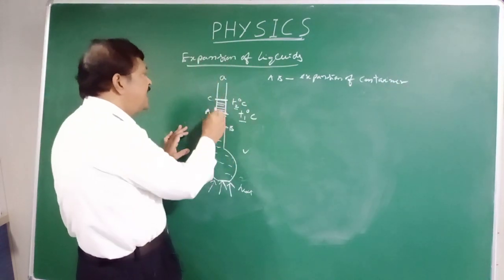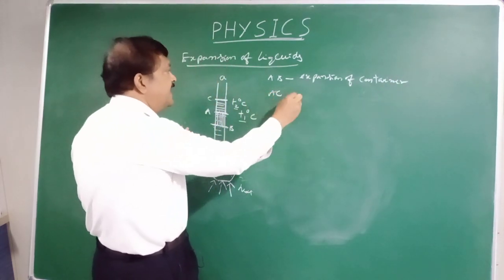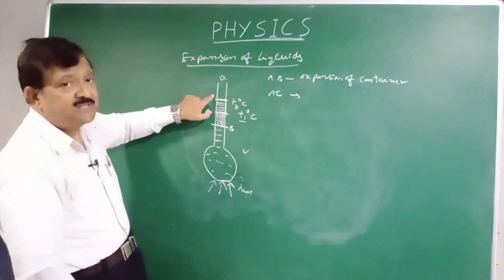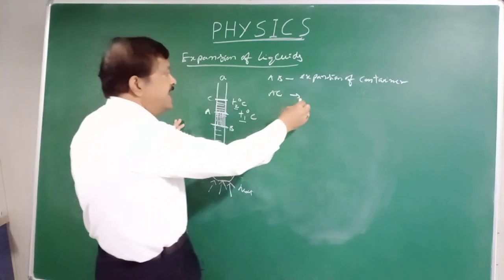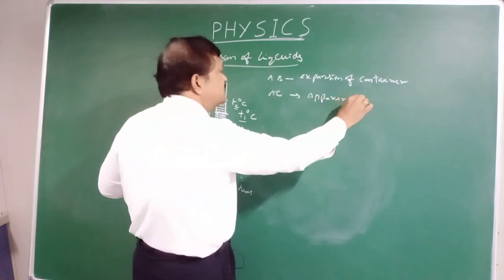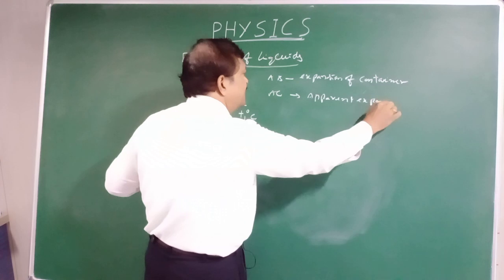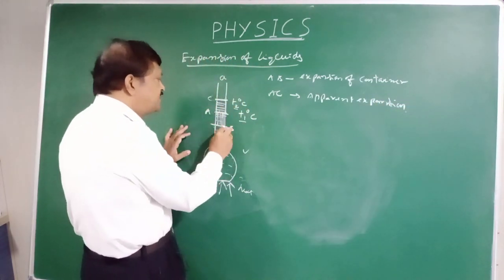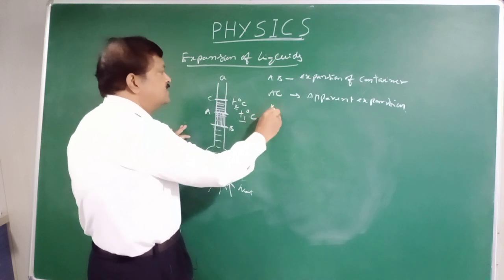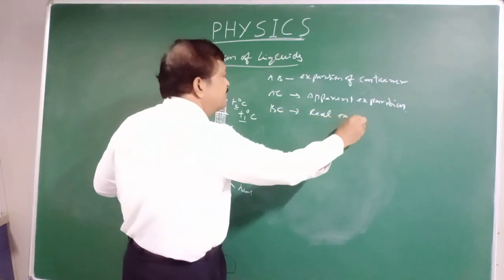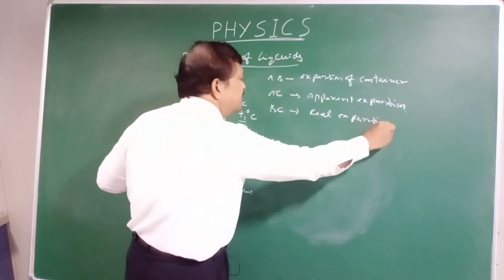Now if you consider A to C, A is the initial level of the liquid and C is the final level, so AC corresponds to what is called the apparent expansion of the liquid. And the actual expansion is from B to C. So BC corresponds to the real expansion of the liquid.